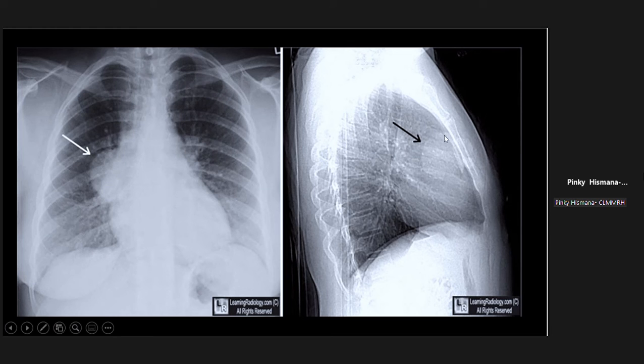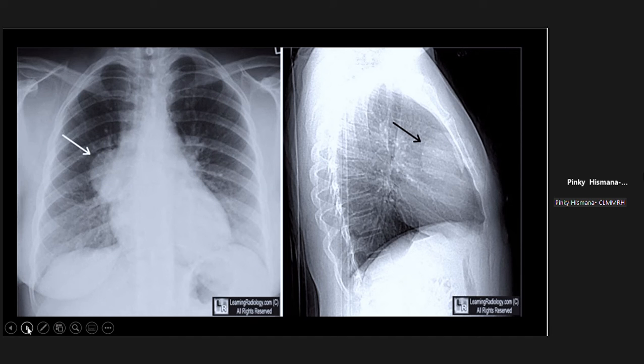But nevertheless, this one means that the lesion is at either the anterior or middle mediastinum. Actually, if you notice here, most likely it involves the anterior mediastinum, though it seems to be centered in the middle mediastinum.